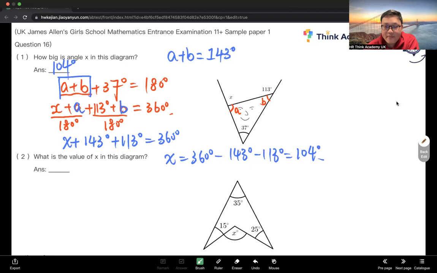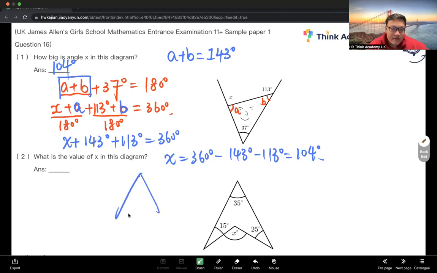Okay, second one. What is x for the second one? Actually, for the second one, you have so many different ways to solve it. I hope you can remember the conclusion.